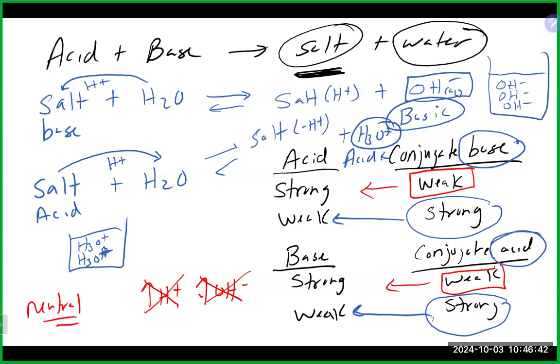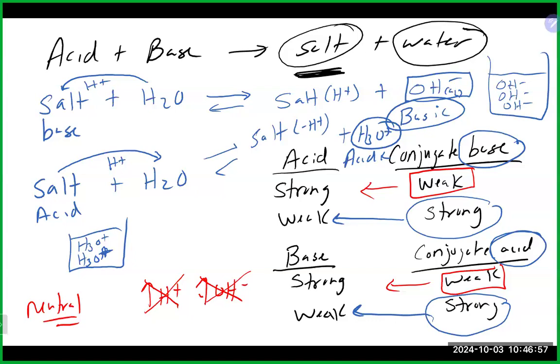So it's really important to understand that relationship: if you have a strong acid or strong base, it will create a conjugate partner that's a salt that will not continue to react with water and will pretty much produce a neutral solution.